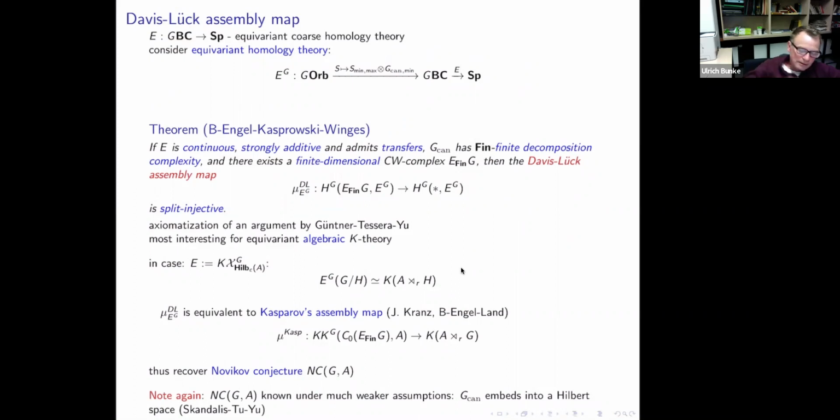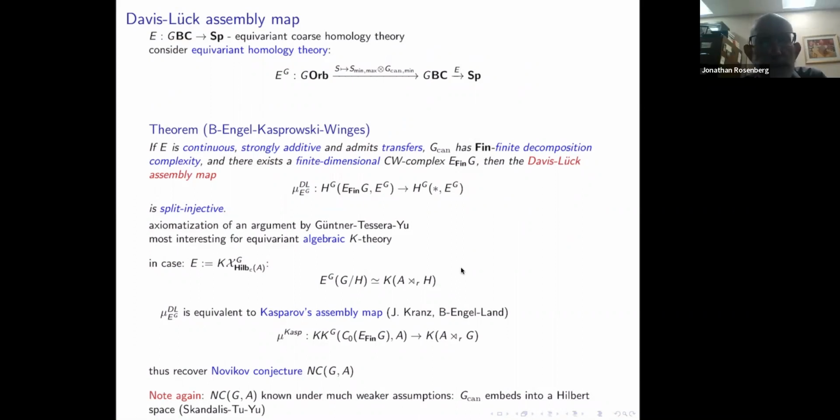In the paper we have some. Essentially, Daniel Kasprowski is a specialist, at least in our group, who knows how to verify this or deduce this property from other properties. It's difficult to find examples which do not have finite asymptotic dimension and do have finite decomposition complexity, and I cannot say them out of my head, but they exist.